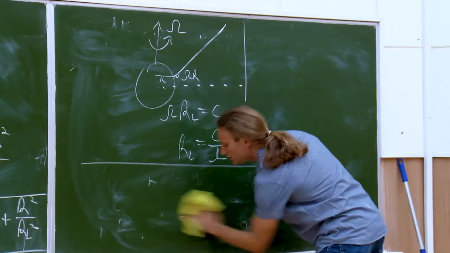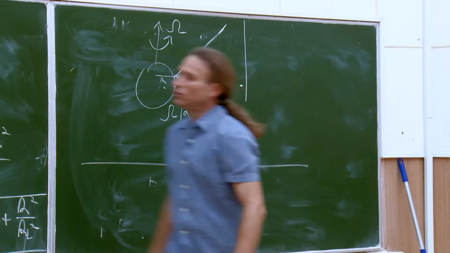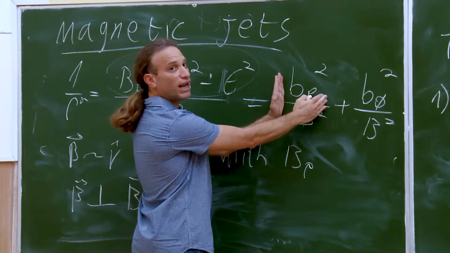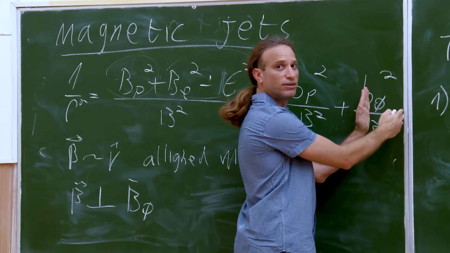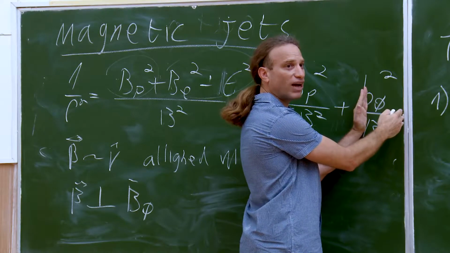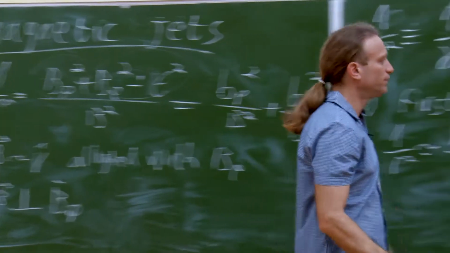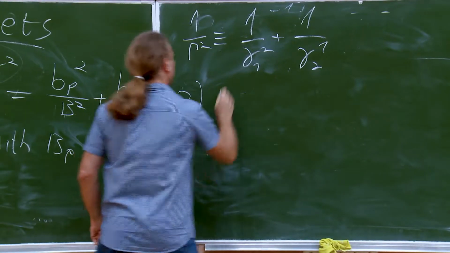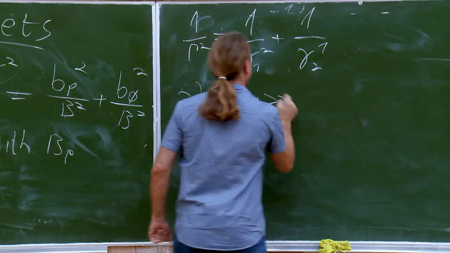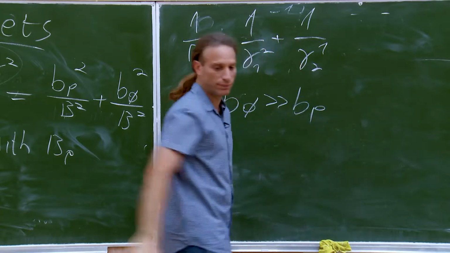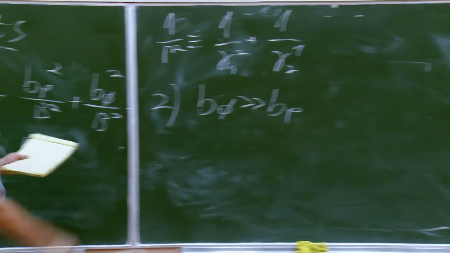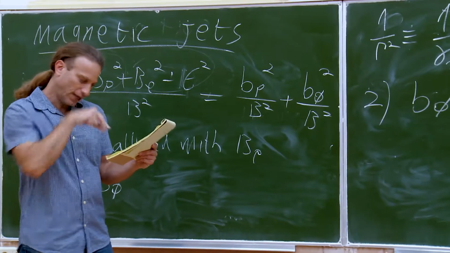It doesn't matter. Okay? So remember that we had two limits. We worked in the limit where BP was winning. Now let's look at the second limit, when we are dominated by B phi in the lab frame. So in the second regime, B phi is winning. In this regime, this is the dominant quantity.